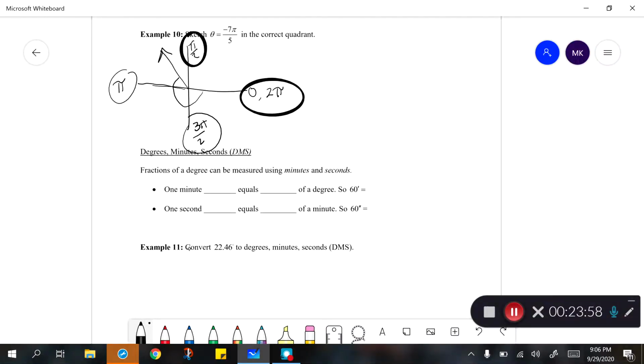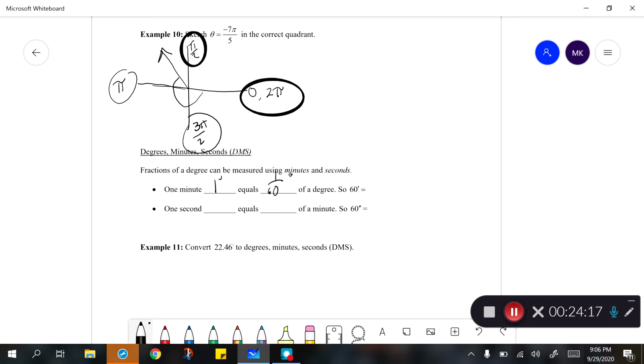What we say is that 1 minute, a single apostrophe, is equal to 1/60th of a degree. Let me rewrite that. 1/60th of a degree.